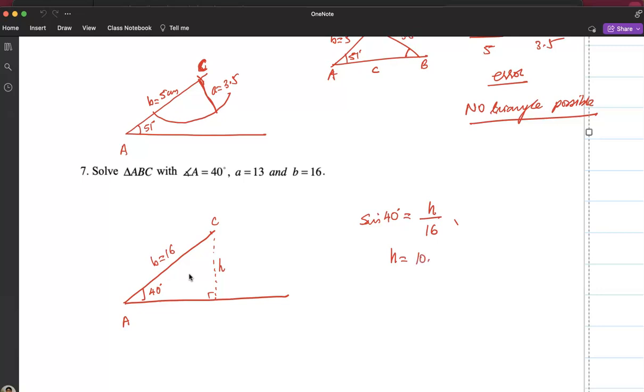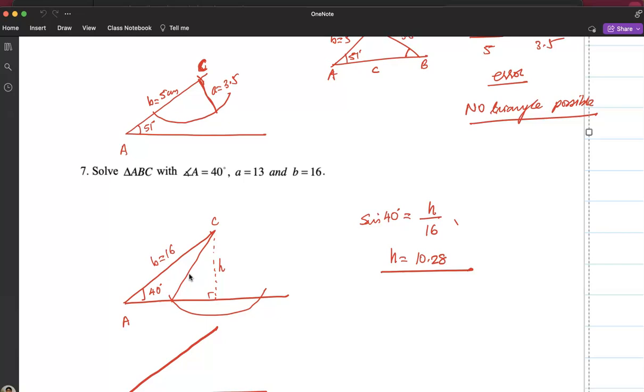Now what's your A? A is 13. So A is 13, means A will cut twice. 13 means it will cut twice, means this is one possible triangle, and the other possible triangle will be like this.